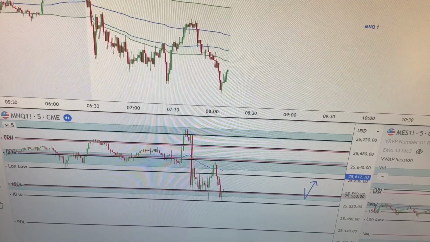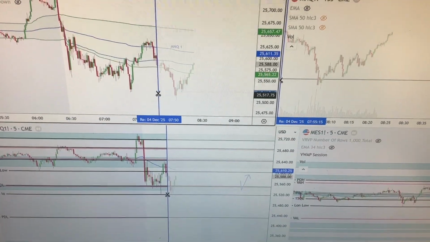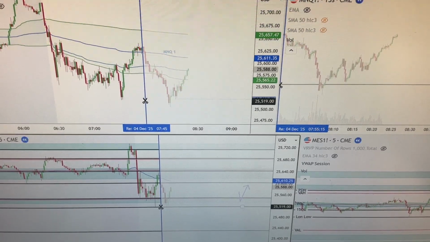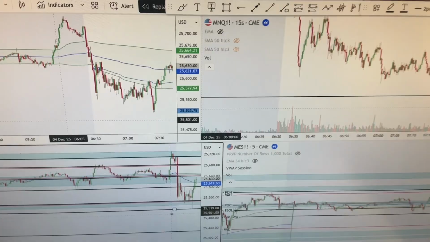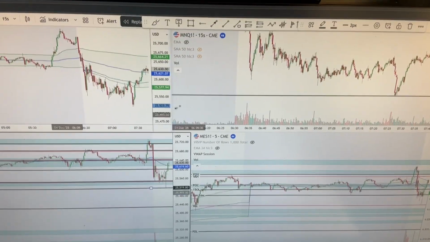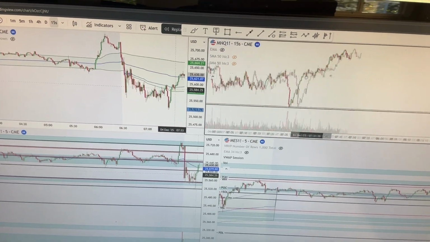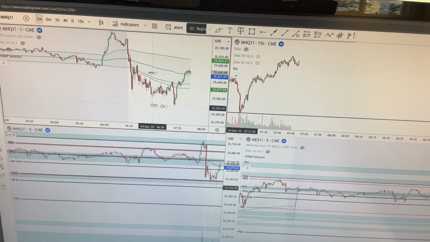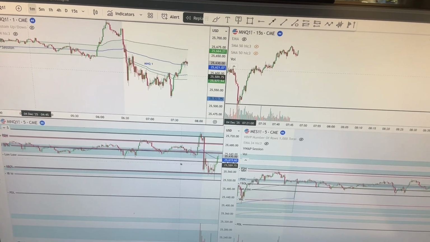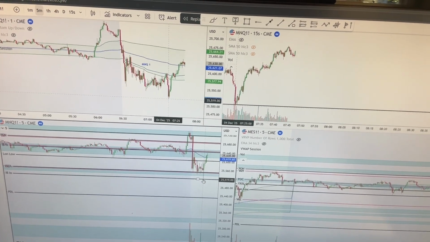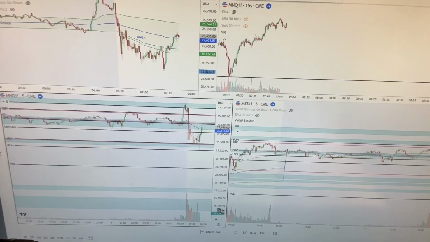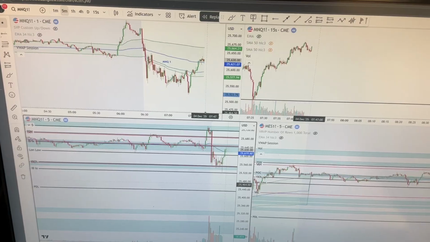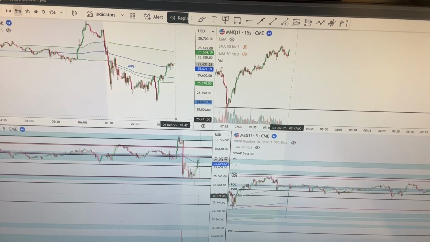And so if we were to do it again, let's look at the thing coming down to the failed auction, and we'll look at everything together all at once with the 15-second just for granularity, and the 5 minute coming down to the initial balance low. And we'll push play and watch it all three at the same time.